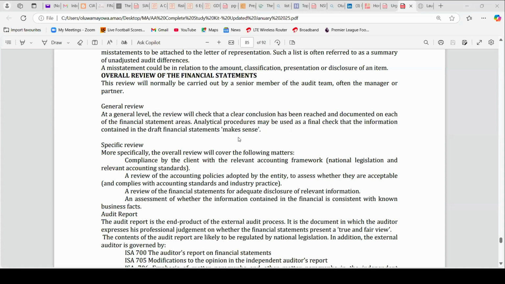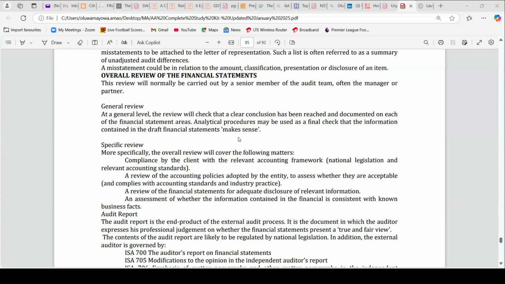Now, this one is taking a detailed and specific look at whether the financial statement is in compliance with the accounting framework that speaks to the preparation of financial statements in that entity. Take, for instance, in Nigeria, we use IFRS. In the US, it is GAAP. So the auditor, when he's doing a specific review, looks at what the law of the land says when it comes to financial statements.